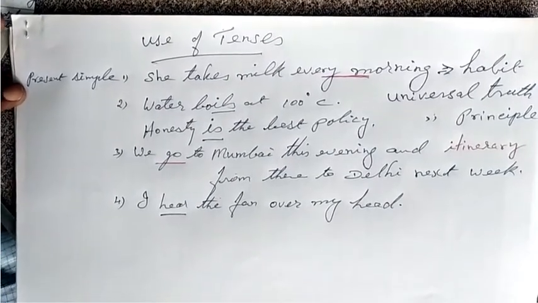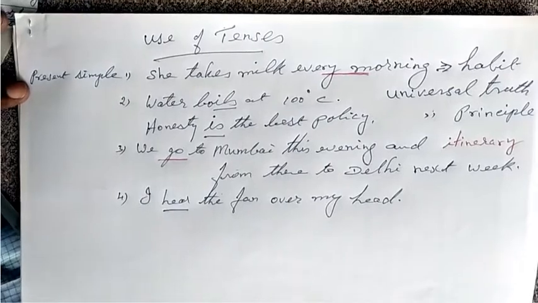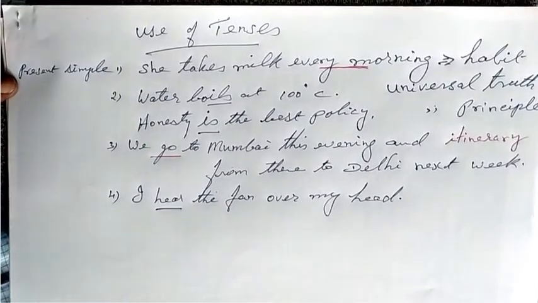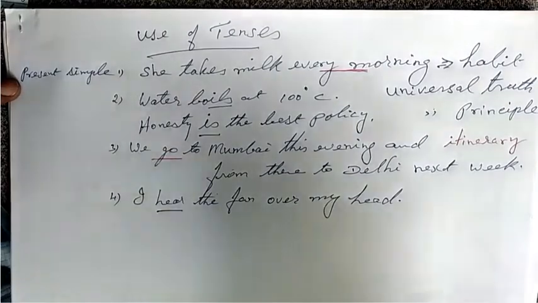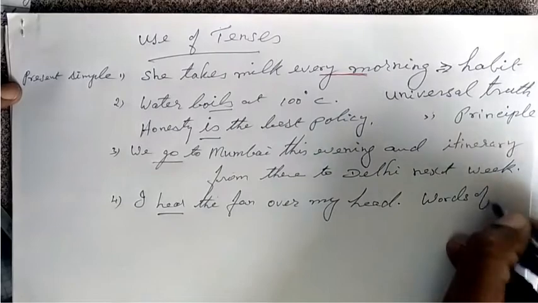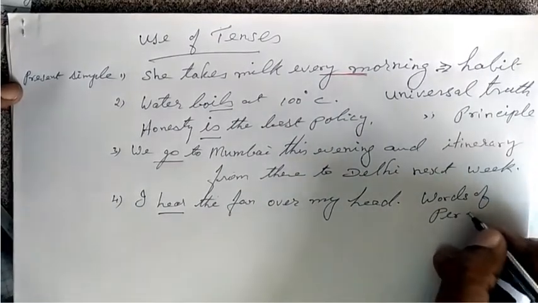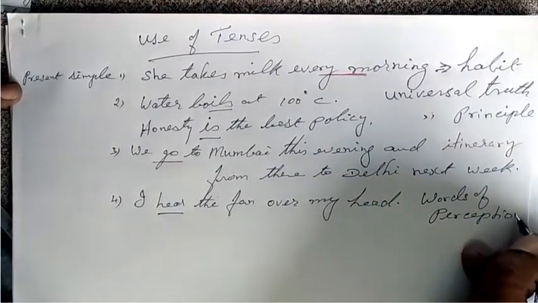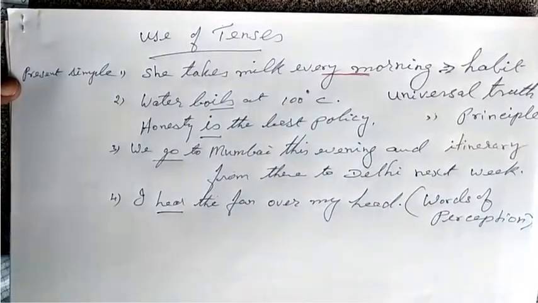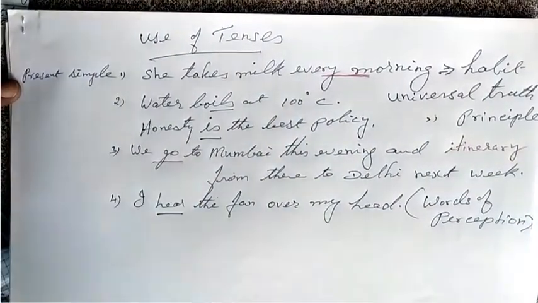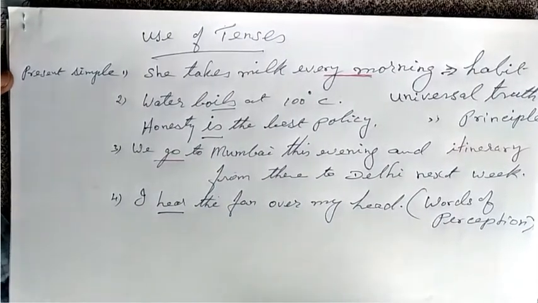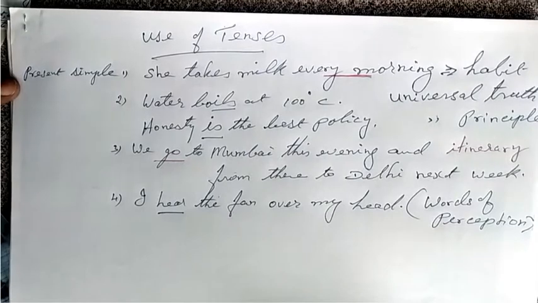All these would be called words of perception, and they must be used in present simple tense. So I am putting here words of perception. So perception does not mean only the physical senses, but also the internal senses like hope, think, and so on.